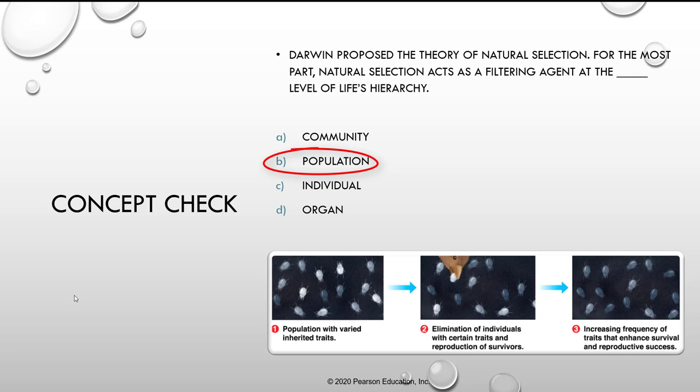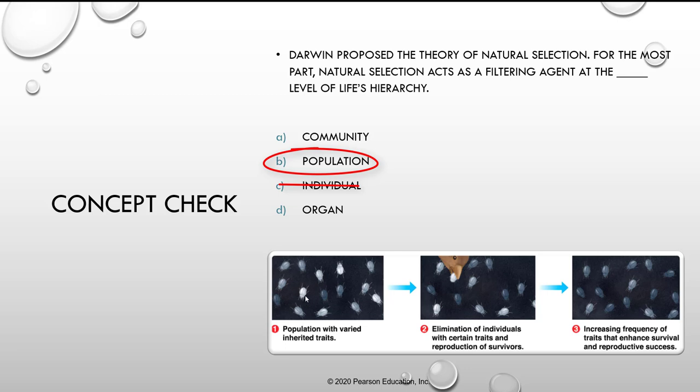If you said population level, I would agree with you. It cannot act at the individual level, like some of you might have thought, because you do not change. You were born with a certain set of genes, and those genes don't change. You cannot suddenly go from being a light colored beetle to a dark colored beetle, right? Your genes say light color, you will always produce light colored beetle genes.